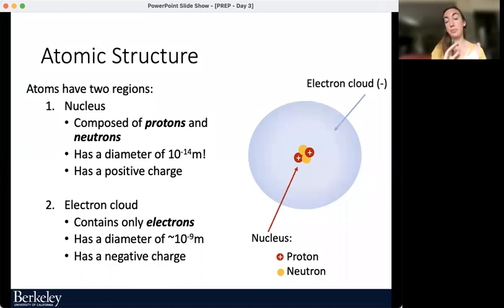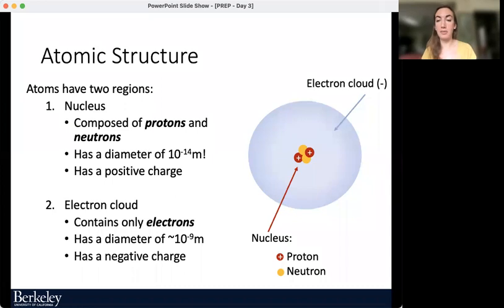Just to preview what we're going to talk about when we get to interactions later, because the nucleus is so small and in the middle, when atoms interact with each other, it's mostly just their electron clouds interacting. That's what's going to hit each other and interact in space. The nucleus is much smaller and compact in the middle. Okay, so this is the structure of an atom.